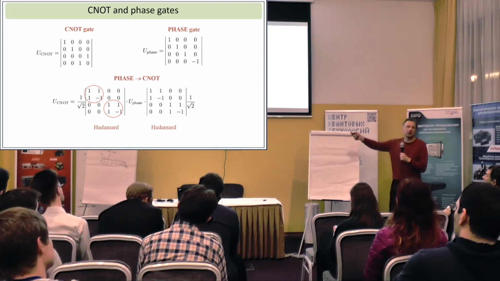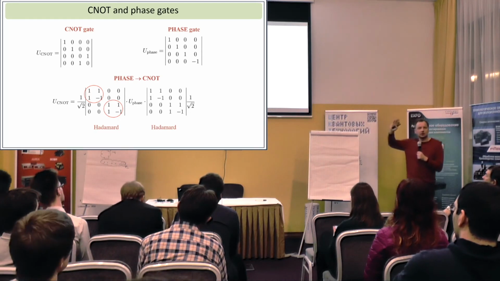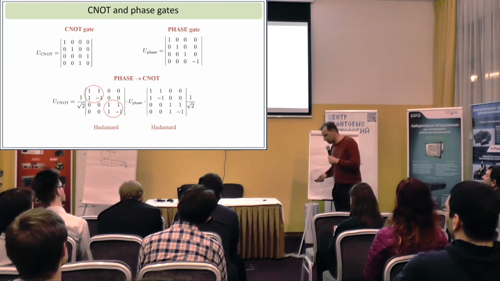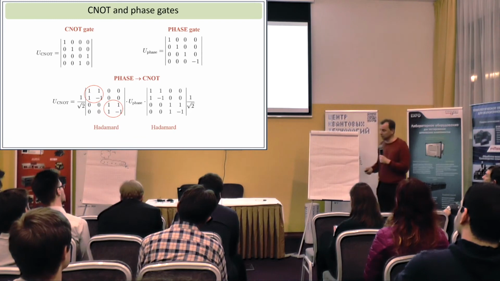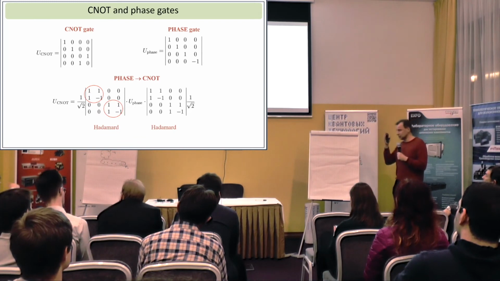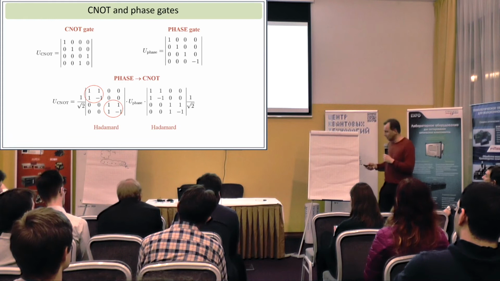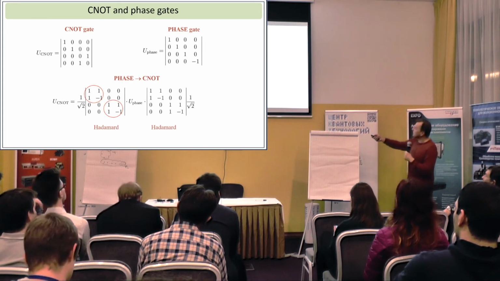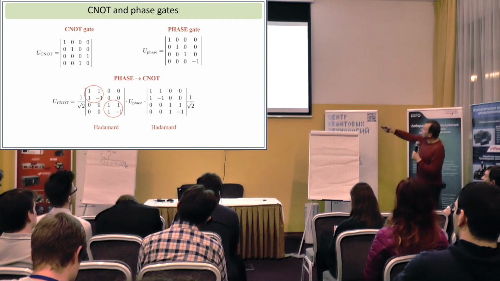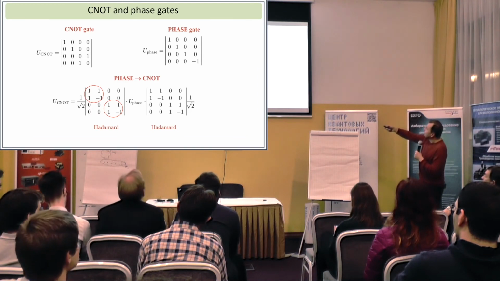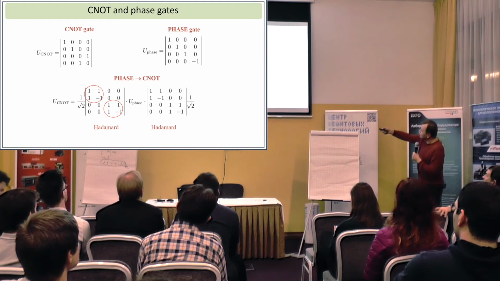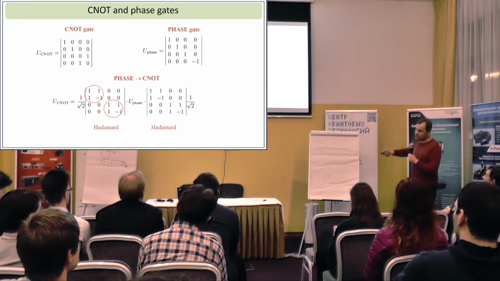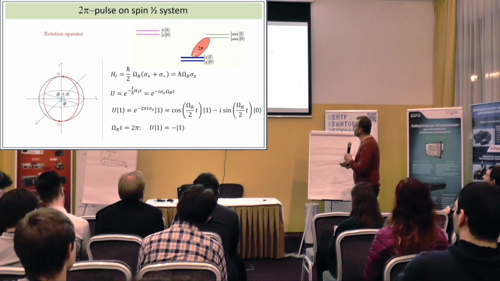I wouldn't like to go into details. It's straightforward today using any software and hardware, both Josephson, neutrals and ions. So this is a one-qubit operation, not difficult. What I would like to say is that if we can implement the phase gate, it means that we can implement the CNOT gate by a very simple transformation.